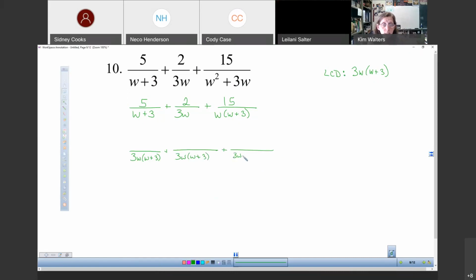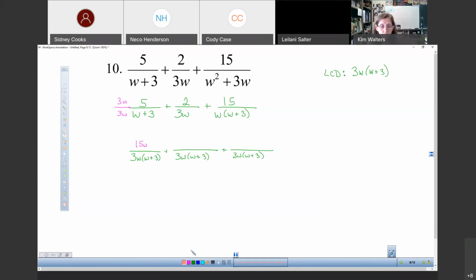Each one of them is going to need something new in it, okay? In this first fraction, I need to multiply by 3 times W. Once again, whatever is in the bottom goes in the top. So 3 times W plus 3 gives me my new denominator. And so when I multiply this, I get 15W in the numerator.